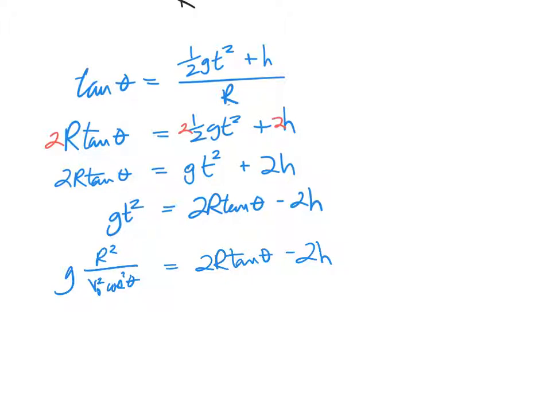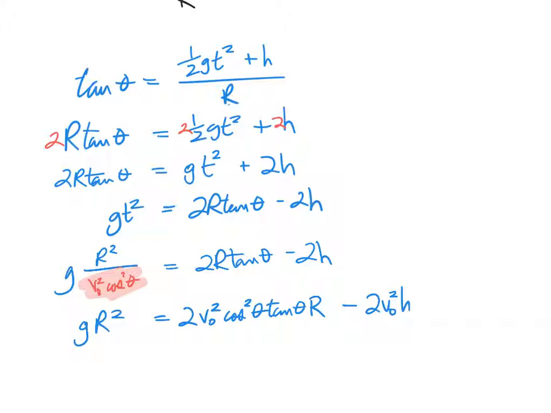All right, so everything's got to get multiplied through by v naught squared cosine squared theta. That's the drill. So that's easy on the left-hand side. And so 2 v naught squared cosine squared theta tan theta r minus 2 v naught squared h cosine squared theta.